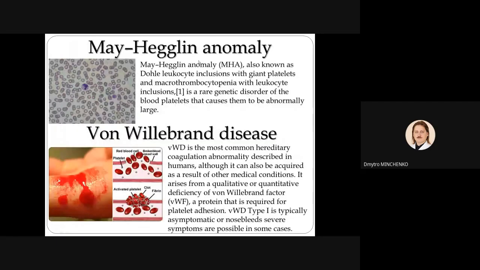May-Hegglin anomaly. This is a rare congenital disorder, also known as dull leukocyte inclusions with giant platelets and macrothrombocytopenia with leukocyte inclusions.